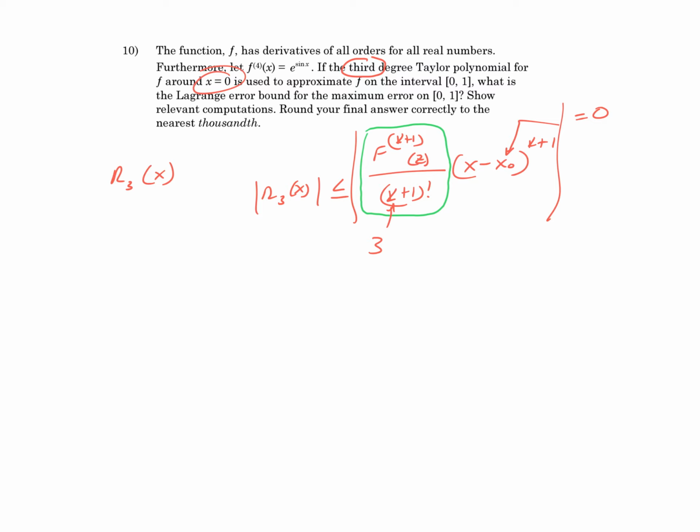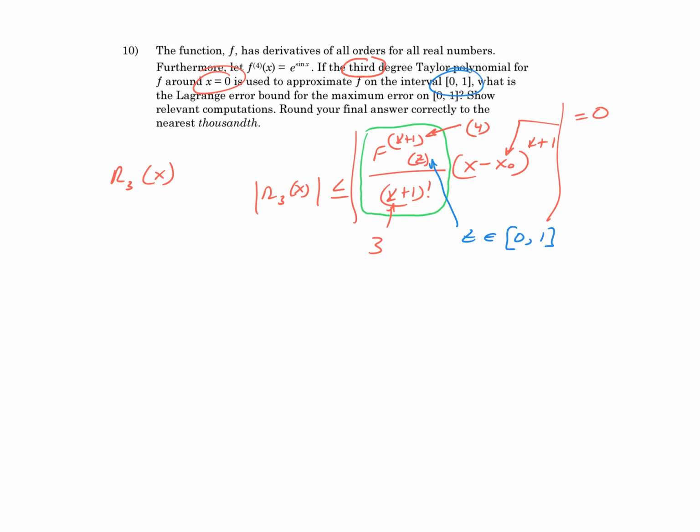This is going to be the fourth derivative. So I guess I could just put 4 in parentheses, indicating that the k plus first derivative is going to be the fourth derivative in this case, and reminding us that z is an element of the interval 0 to 1. You're told that here.